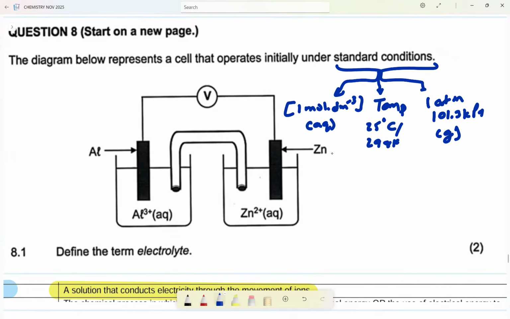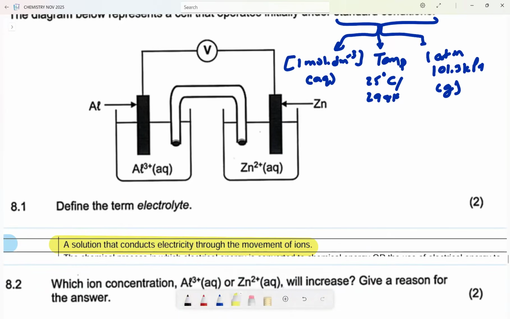So this is what we refer to as standard conditions. Concentration of 1 mole per decimeter cubed in aqueous solutions, temperature of 25 degrees Celsius or equivalent to 298 Kelvin. Also the 1 atmospheric pressure, which is 101 kPa or 1.01 times 10 to the power 5 Pa, but only in gases, very, very important when we have gases. Apart from that, these two apply everywhere. But if there is no gas, this one does not apply.